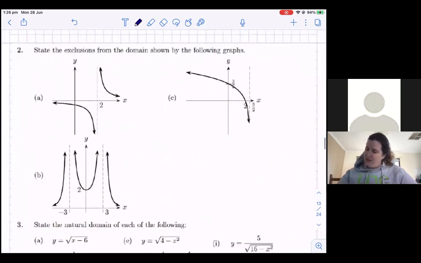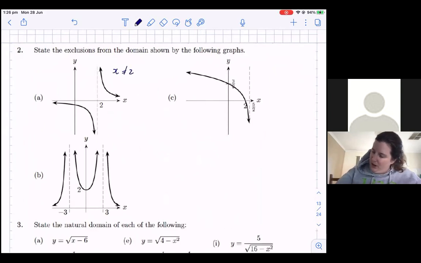Oh, we're nearly there. State the exclusions from the domain. Here, x cannot equal 2. x is everything less than 5 on 2. We're not including 5 on 2. This dotted line means it's an asymptote.